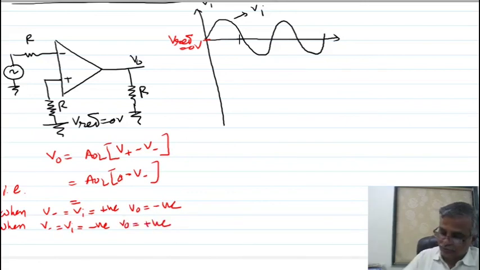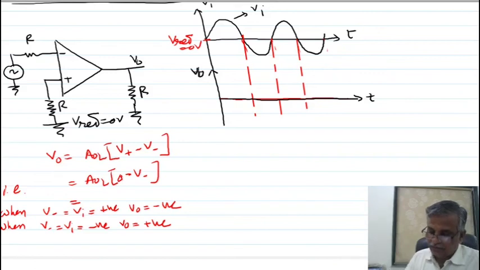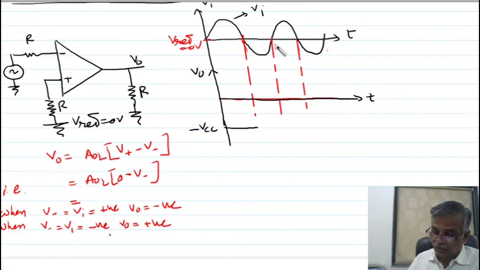So let me draw my output waveform. I have written already here. When Vi is positive, output is negative. During this, my output is negative, so I have to show my negative here, minus VCC. Now when Vi is negative, look here, output is positive, so I will show my waveform like this.